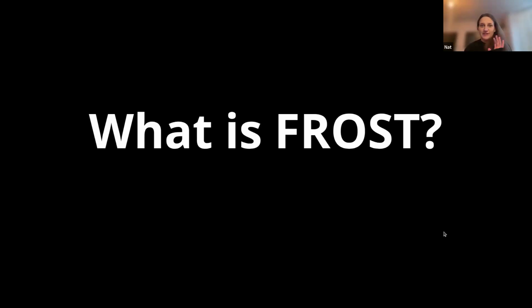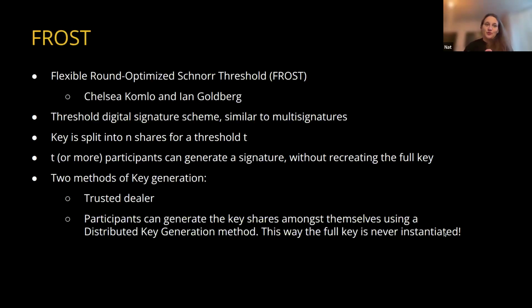So what is Frost? It stands for Flexible Round Optimized Schnorr Threshold. It's a signature scheme that was designed by Chelsea Komlo and Ian Goldberg. So it's similar to multi-signatures, except that it's got a threshold. So the key is split into n shares, but the signature can be generated by a subset T of the participants.